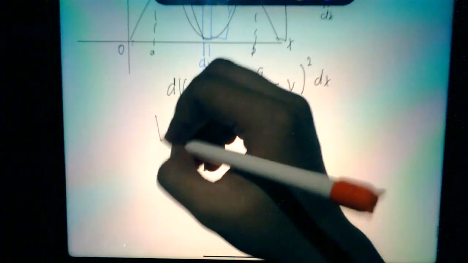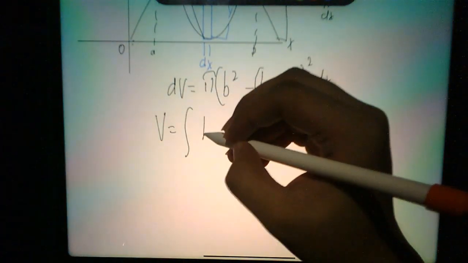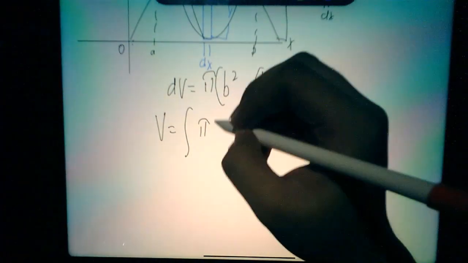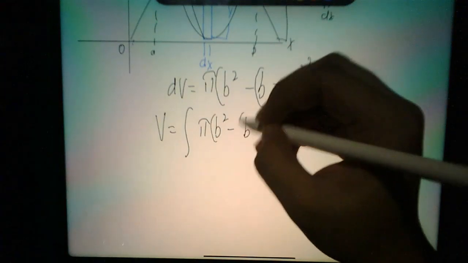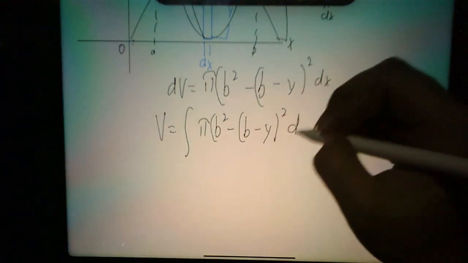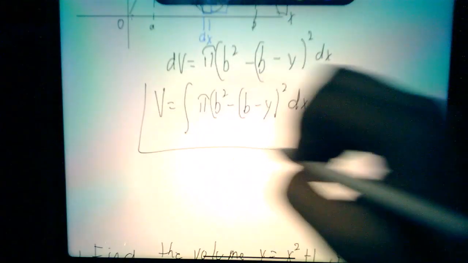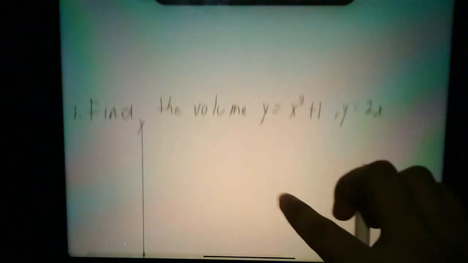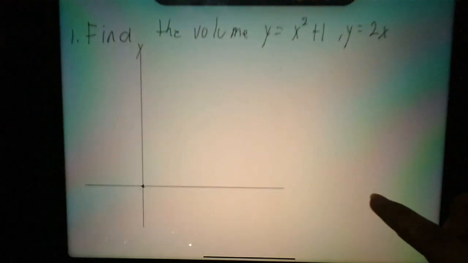So the integral of that is equals to the integral of pi times b squared minus b minus y squared, dx. So now this is our formula, and let's proceed to problem number 1 here.